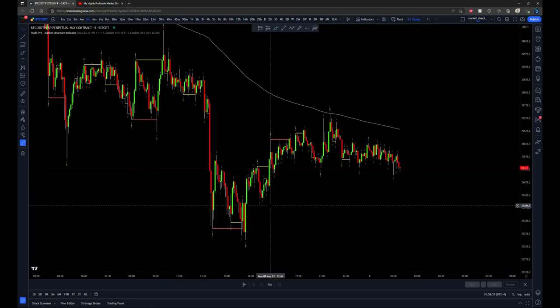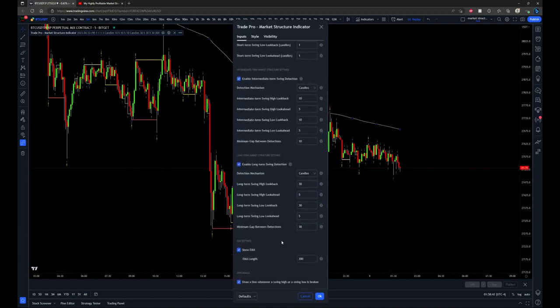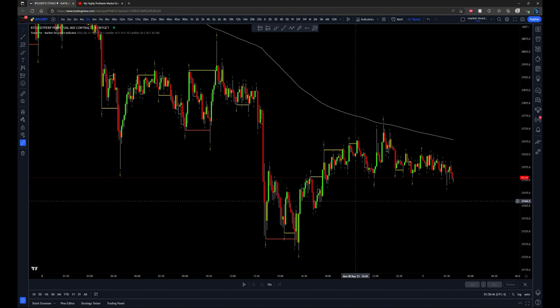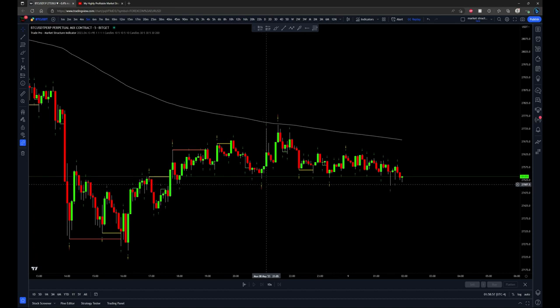Okay, so last thing to look at is the long-term swing high and swing low detection. So I've just enabled that, and you can see that is marked on here with a red arrow above a yellow and green arrow for a long-term swing high, and then for a long-term swing low, red arrow below yellow and green arrow.